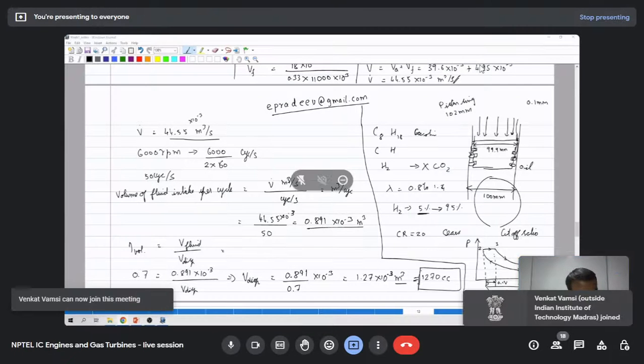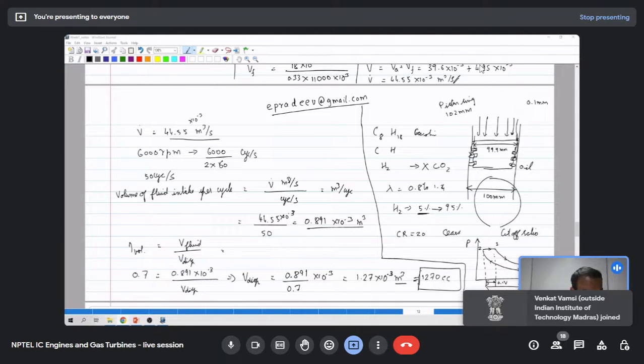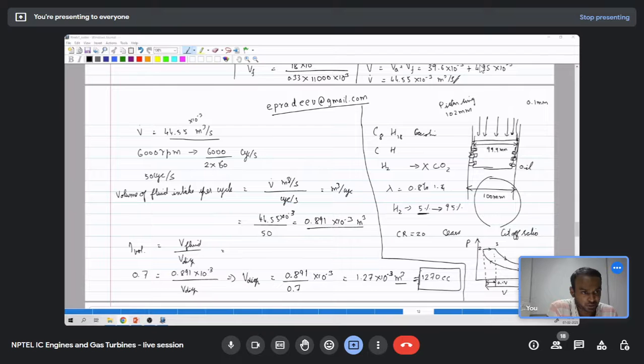When they say the heat addition ceases at 10% of the stroke volume, that means 3 is at 10% of the entire V. V is V1 minus V2, right?